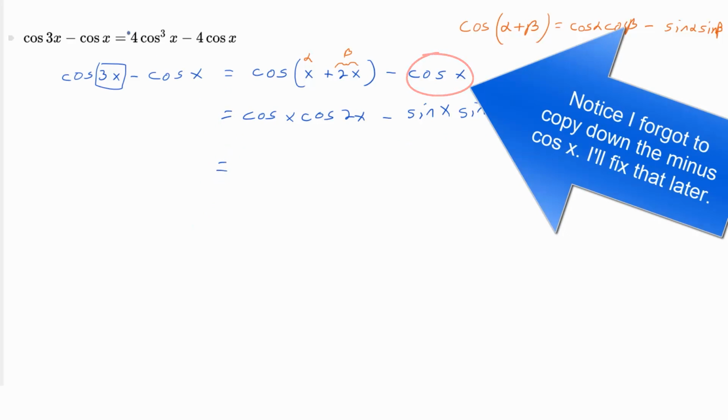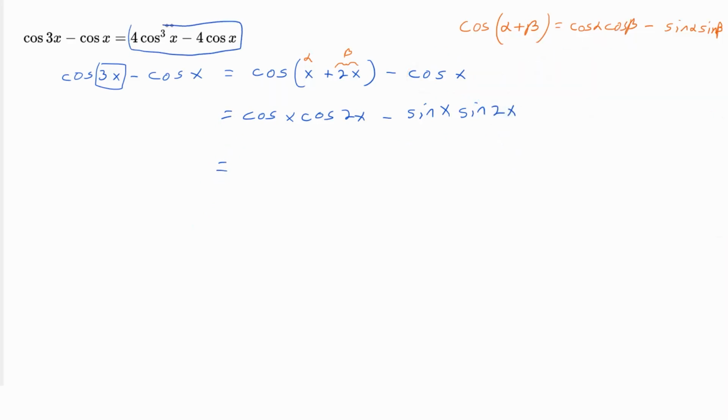Okay, now remember what I'm trying to do. I'm trying to turn this into the right-hand side of the original identity. So one thing I can do is write everything in terms of cosine if possible. And also, I see a cosine of 2x here. I can rewrite that using the double angle formula for cosine. Well, one of the double angle formulas for cosine.